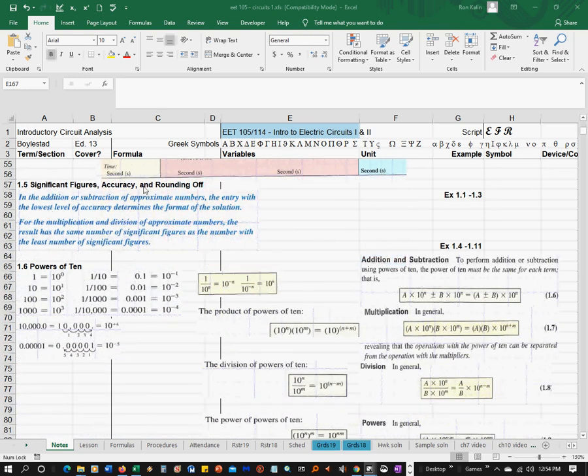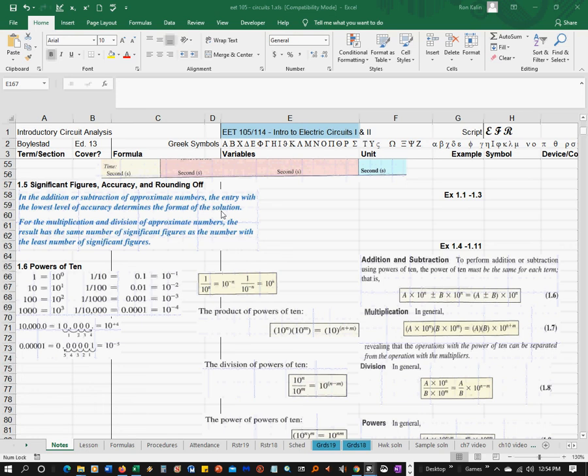Significant errors, accuracy, and rounding off. In the addition or subtraction of approximate numbers, the entry with the lowest level of accuracy determines the format of the solution.